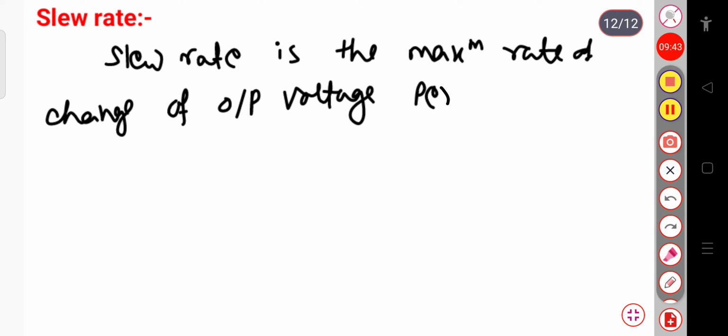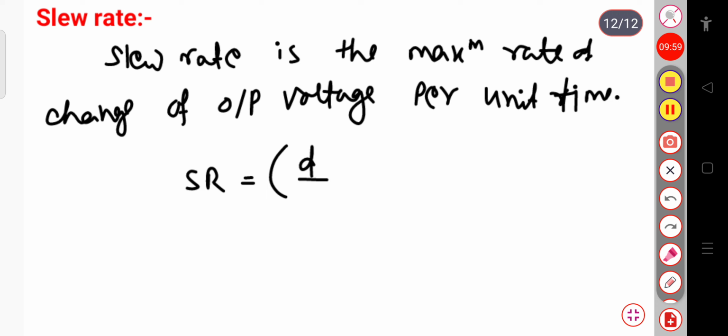If I write this slew rate as SR, S for slew, R for rate, it can be defined as d by dt of the output voltage, VO maximum. That is the maximum rate of change of the output voltage per unit time, we can say.